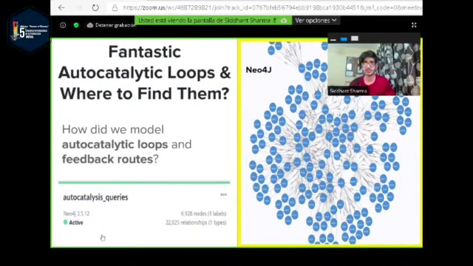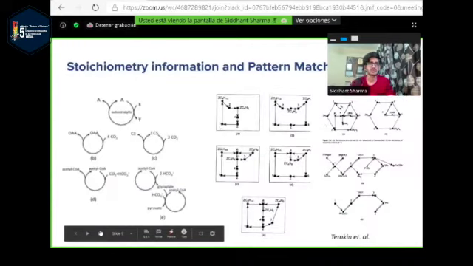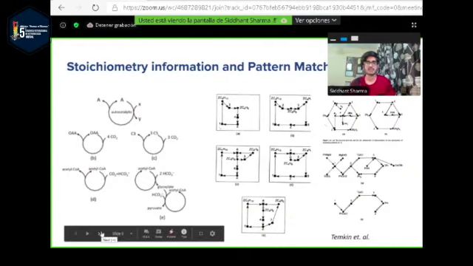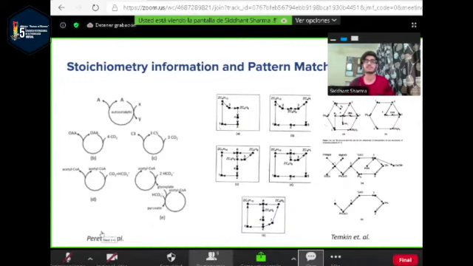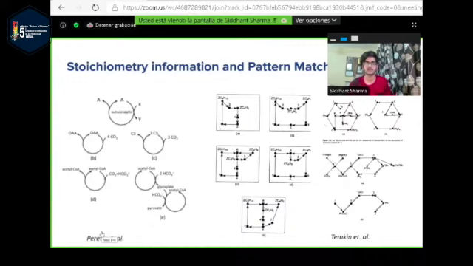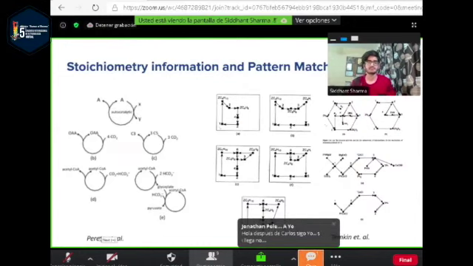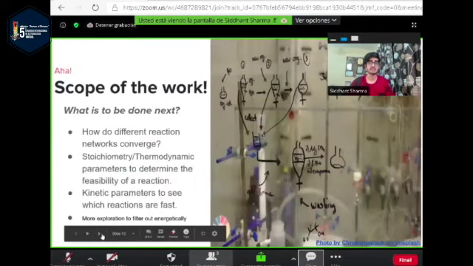We filtered the loops and searched for cycles through Neo4j, and as you can see on my screen, we used stoichiometry information and pattern matching, with two papers that we reference. So autocatalysis is a really key fundamental idea in biology as well as chemistry, and there is a bridge between living biological systems and cheminformatic systems. Autocatalysis really helps you define various approaches and various problems that you are solving, and interconnect them.